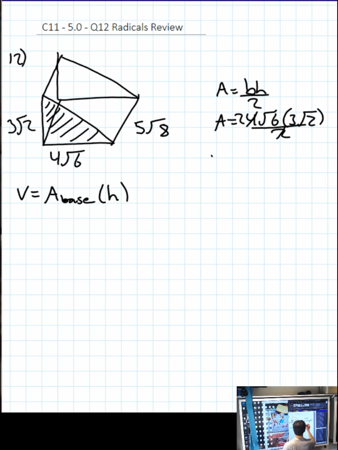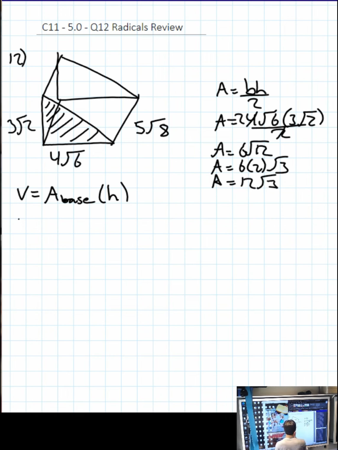Down the page, we can say A equals 6√12. We can now further simplify it to be A equals 6 times 2√3. And then we can say A equals 12√3. Now we can take that, we can bring it back into the question. V equals 12√3 times 5√8.